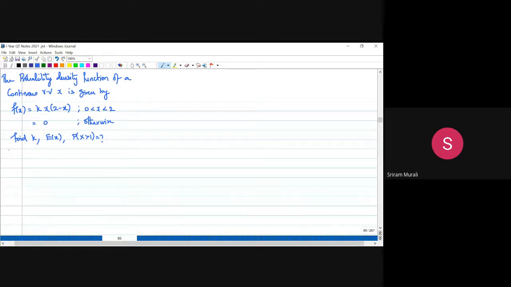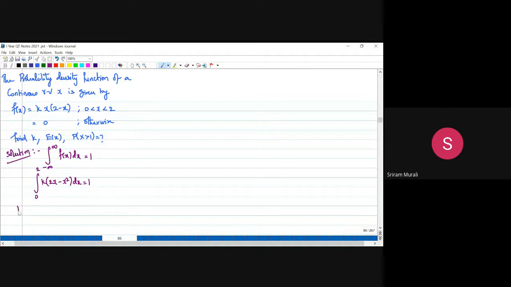First, how do we find the k? The total probability should be assumed as integral of f of x dx equal to 1. So the total is integral from 0 to 2 of k into (2x minus x square) dx.